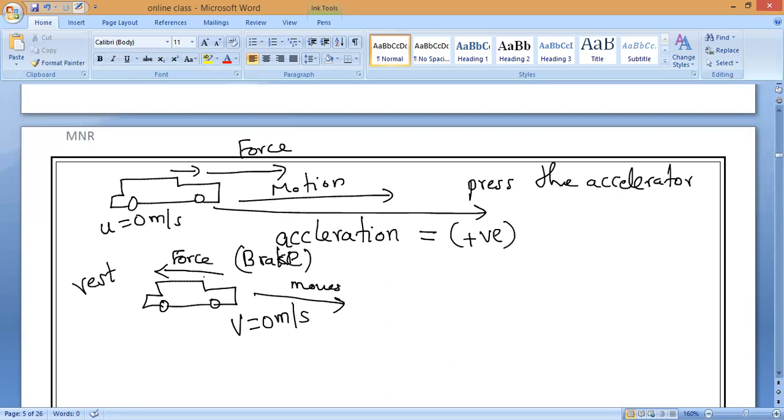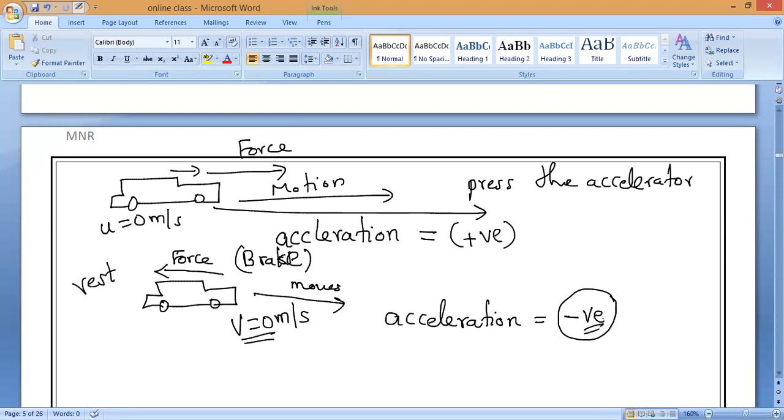So force is acting in this direction and the body is still moving forward, so the final velocity will become 0. This is also acceleration, but it is decreasing, so we consider it negative acceleration, or deceleration, or retardation. This is what people know.